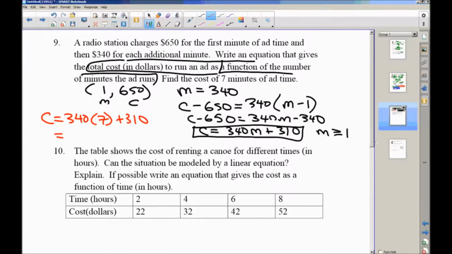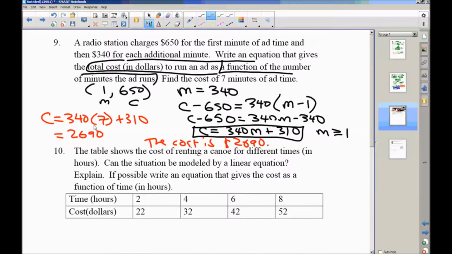I'm going to do that on my calculator here. That is equal to 2,690. So the cost is $2,690.